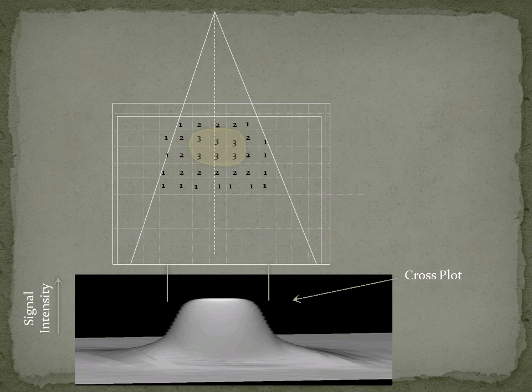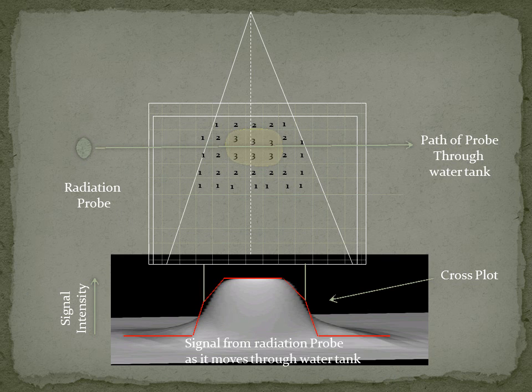So when we look at isodose curves, we look at distributions, what we're really looking at is a cut through this intensity plane of the radiation beam. Okay? And we refer to this as if we look at the intensity, if we just look at the envelope of this, we refer to this as a cross plot. So a cross plot is going through this distribution at a particular level and then just mapping out what the intensity is. Okay? And it looks like this.